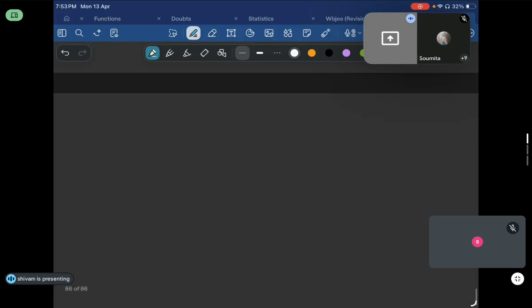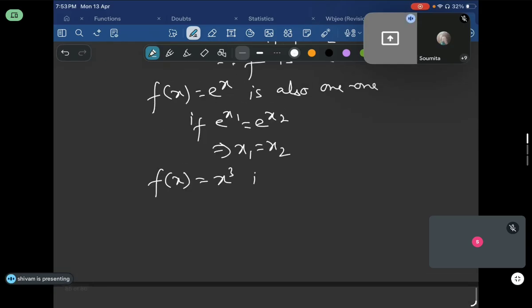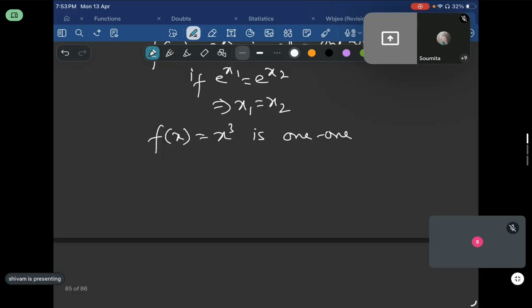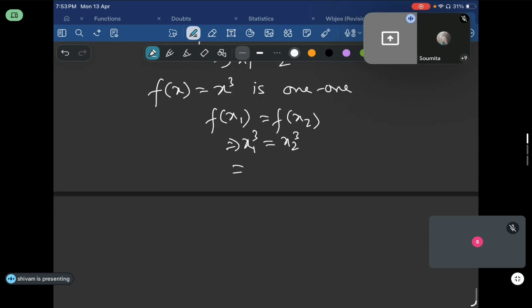Is it one-one? It's a cubic. It is also one-one, because f of x1 is equal to f of x2 implies x1 cube is equal to x2 cube, which implies x1 is equal to x2.